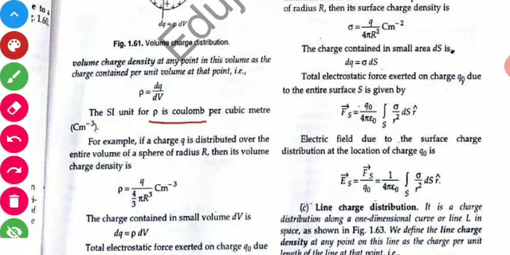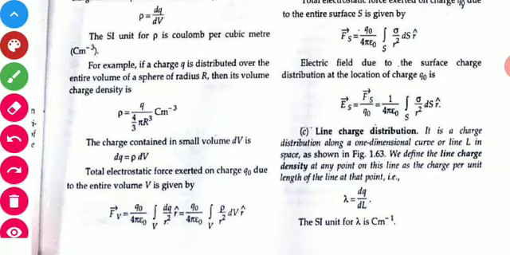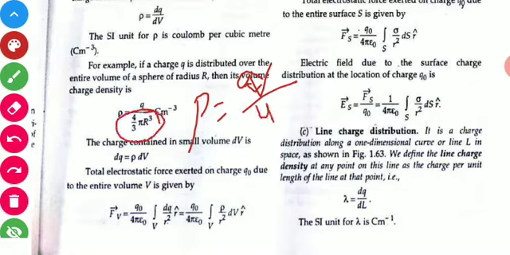So rho is volume charge density and its SI unit is coulomb per cubic meter. Now we know that to calculate the rho for a sphere, the volume of the sphere is 4 by 3 pi r cube.